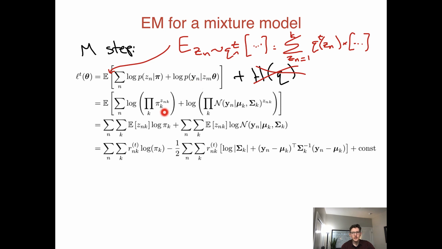Those are just the categorical distribution and normal distribution, so we've just written them out here. And we're using this z n to select which term we're ending up with. Now we can write out this expectation explicitly.